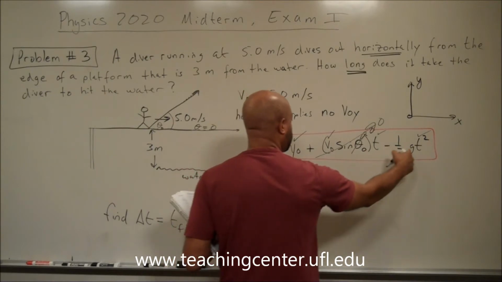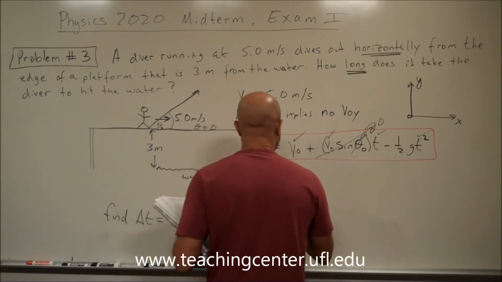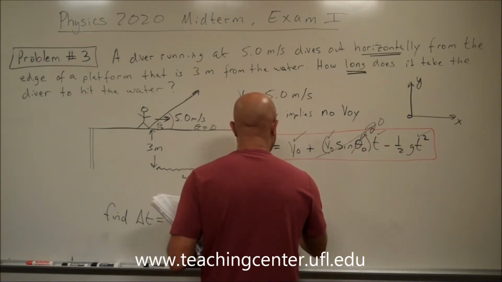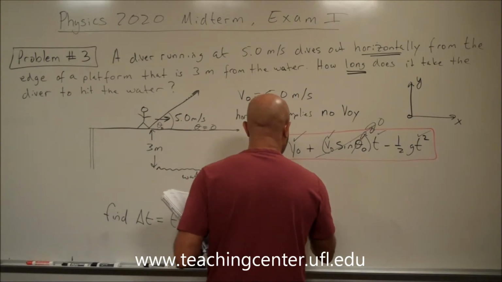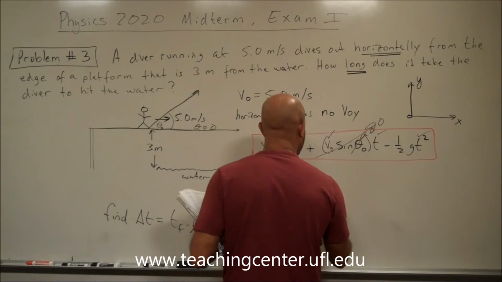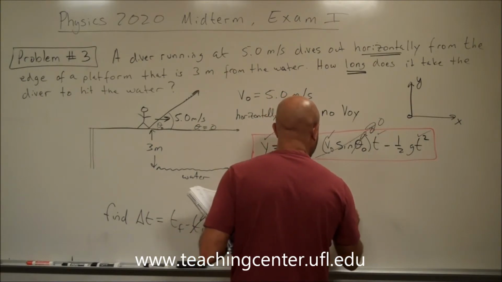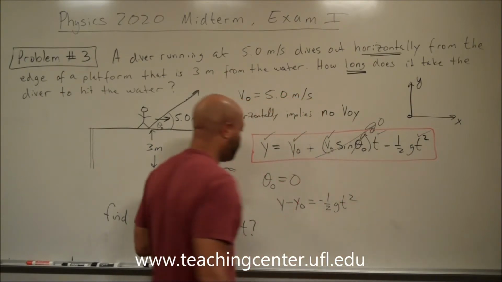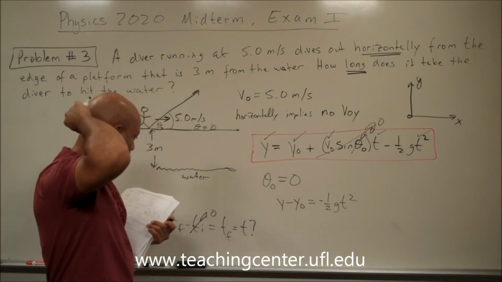Now we can solve this equation for t. If we do that, we get y minus y sub 0 is equal to minus 1/2 g t squared.